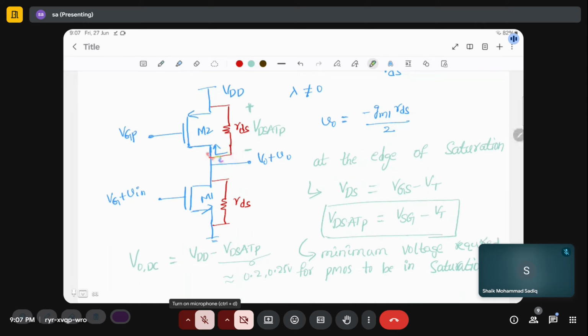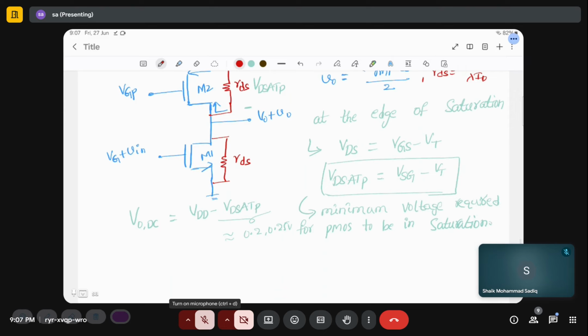And the output resistance looking up here is RDS, which will be in the order of hundreds of kilo ohms, based upon your current. RDS also depends upon the current. RDS is 1 by lambda ID.